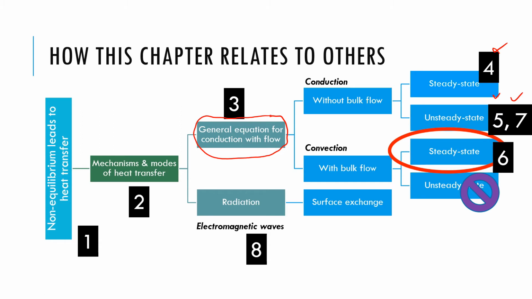That was all in solids or fluids that are not moving. Now we want to apply this to fluids that are moving, so with bulk flow. We will restrict ourselves to steady state just to make our life easier, because unsteady state gets more complex. So we will talk about steady state heat transfer in fluids where the fluid is moving.